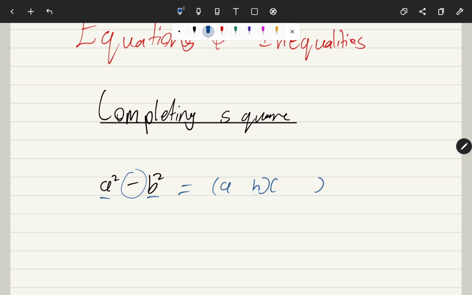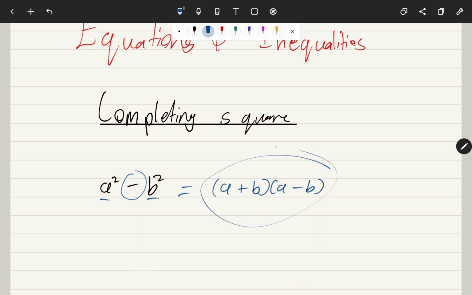You have a b, you have a b, and then as for your signs, it's plus and minus, whichever one you start with. It's just always like this. You can even do your FOIL, or just try to expand this.